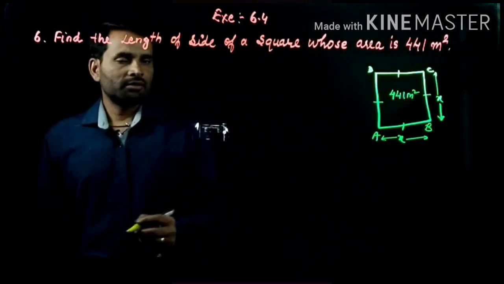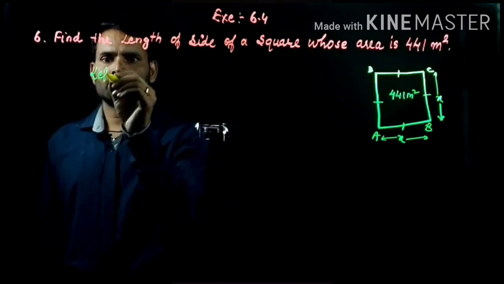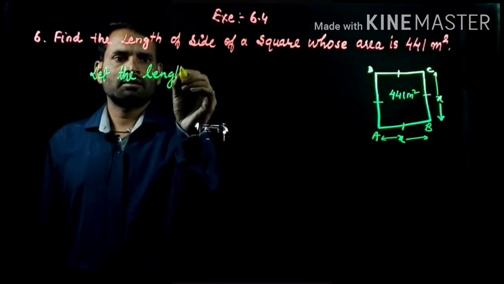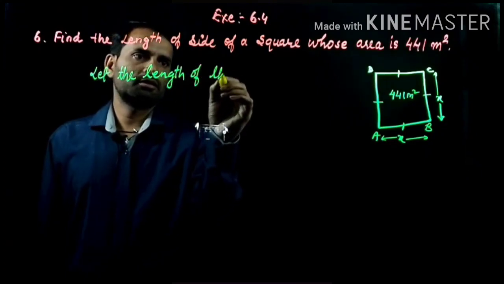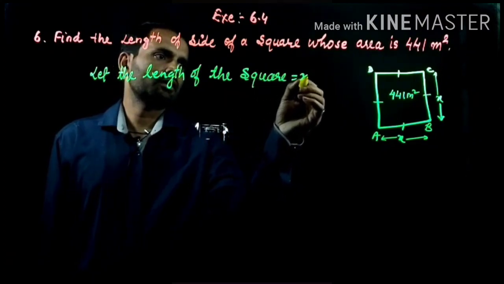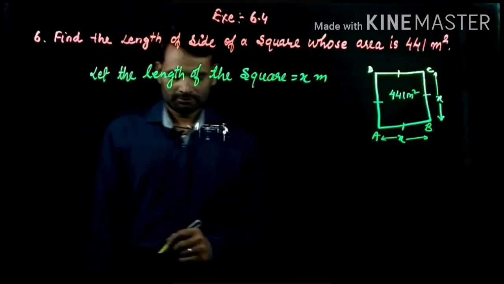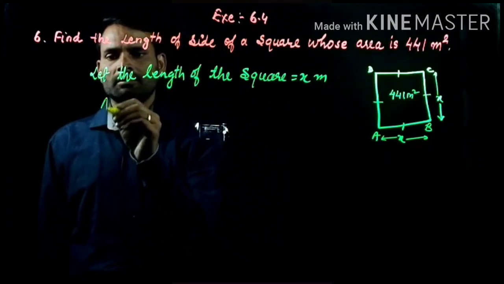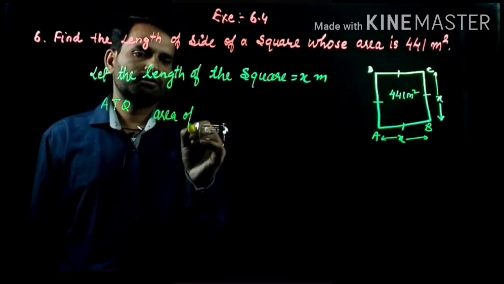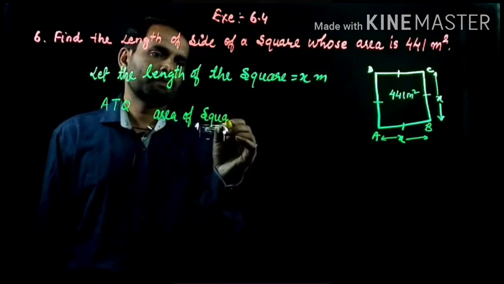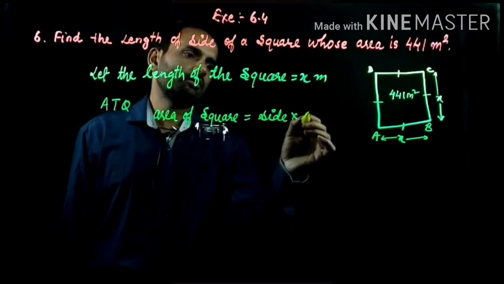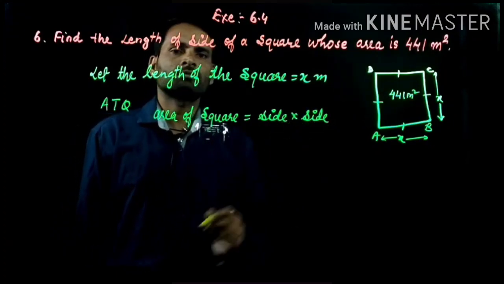Okay, so write: let the length of the square be x meter. Okay, according to the question, the area of the square is side into side.